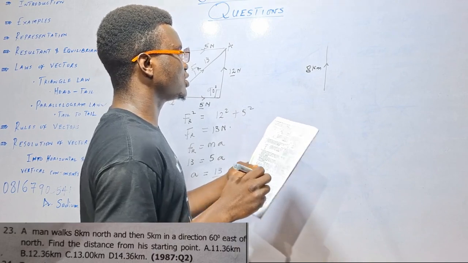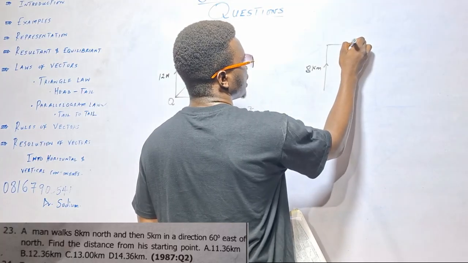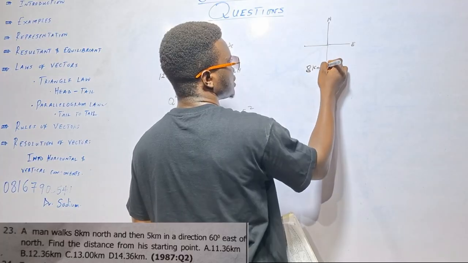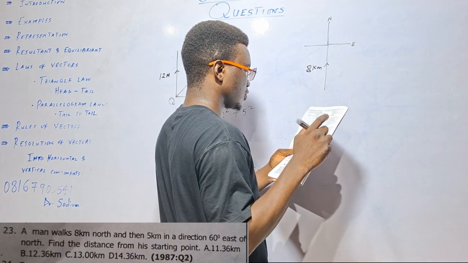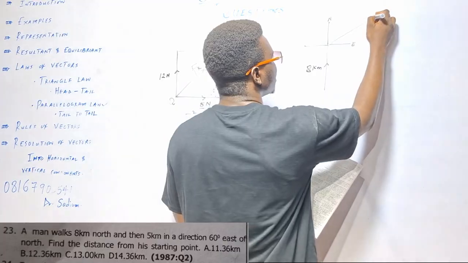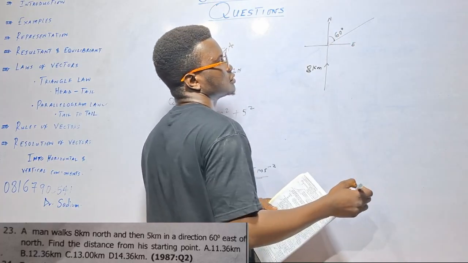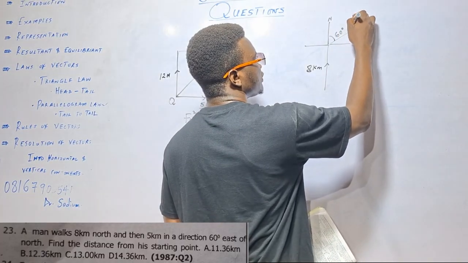Then 5 kilometers in a direction 60 degrees east of north. So I've drawn north, showing you the north, east and west. So the man moved up north. So now 60 degrees east of north, how are we going to do that? It's going to be inclined to the north. Can you see? So 60 degrees is to the north.